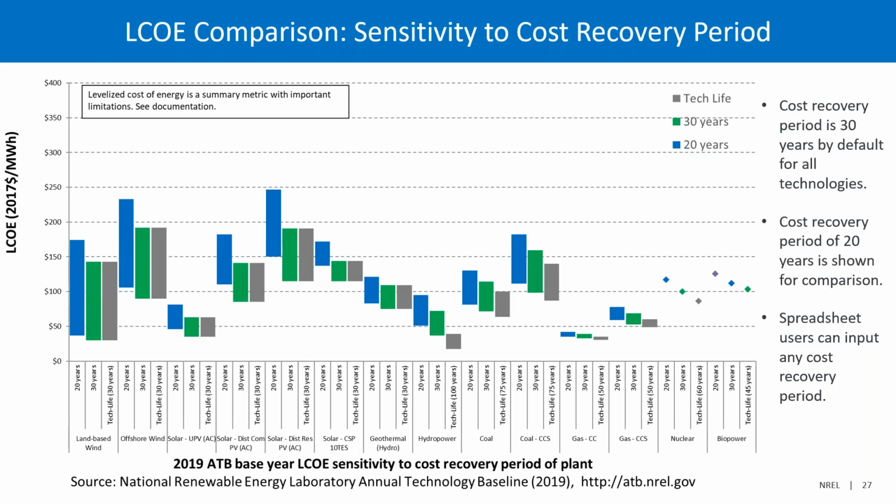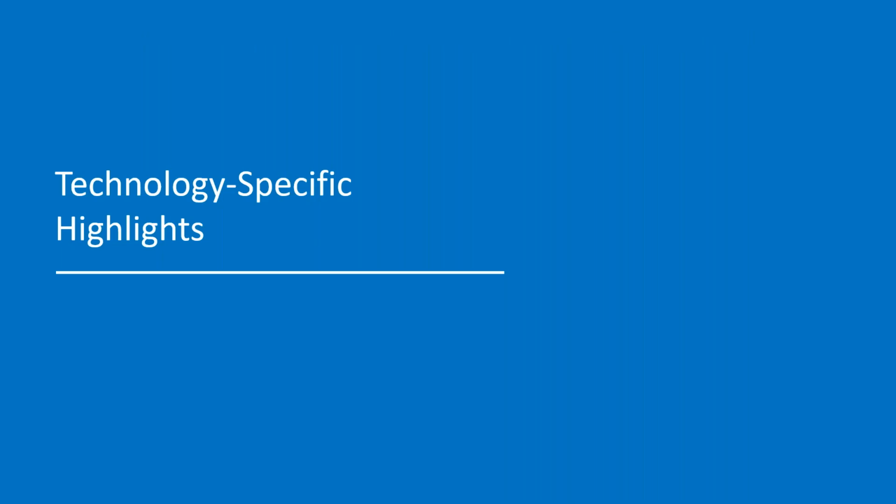So this year we did add back in a cost recovery period equal to the technical life of the technology. And so this slide reflects the three different cost recovery periods of 20 years, 30 years, and technical life. So as a default, the 30-year life is used.